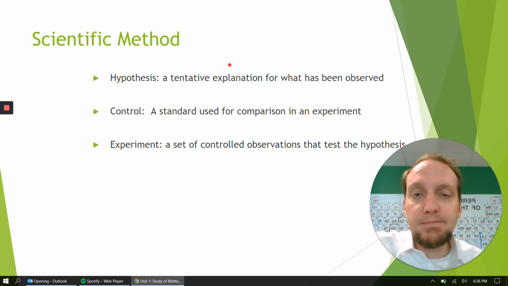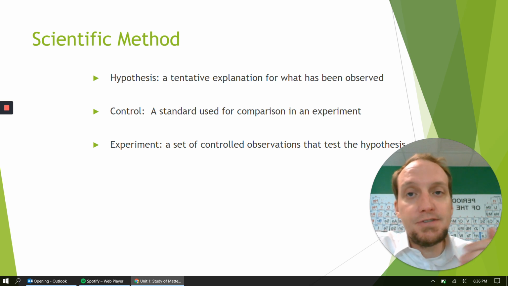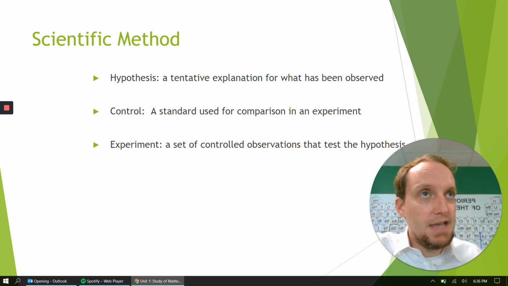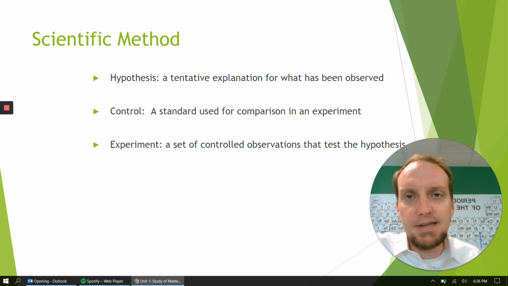Going back to the scientific method, your hypothesis is your assumption that you're going to study. You're going to say, okay, if this happens, then this. It's often an if-then statement. We have a control.